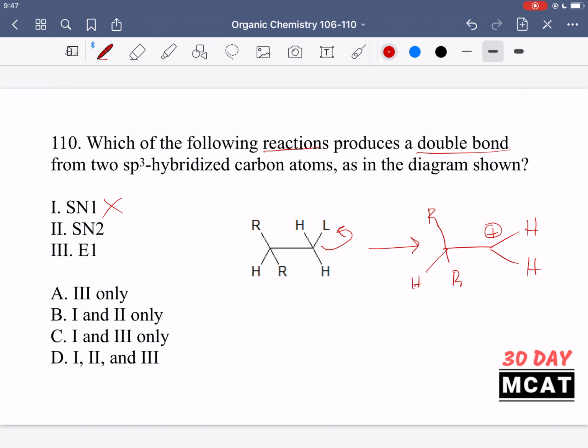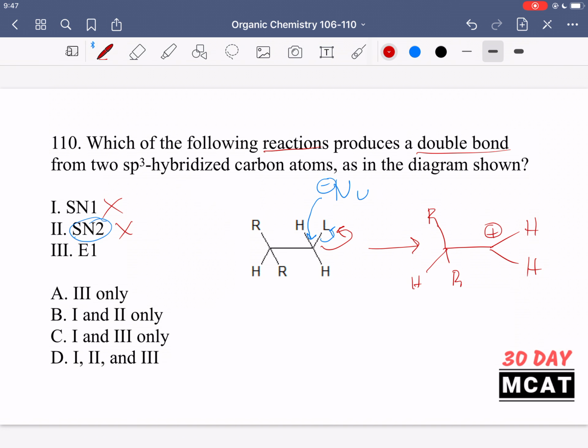Similarly, an SN2 also leads to two sp3 hybridized atoms because we get attack by some nucleophile over here, leaving group leaves. So that would be SN2. That happens at the same time.